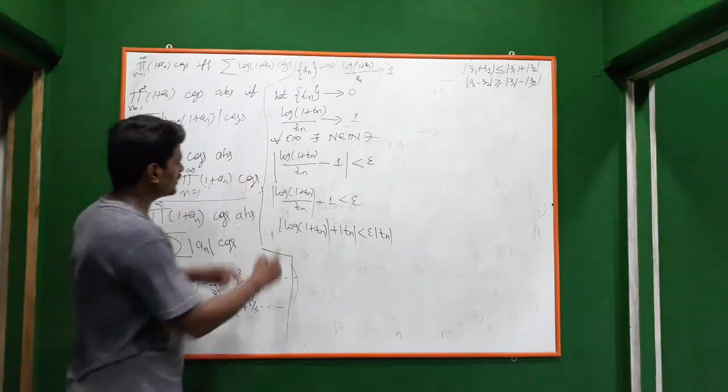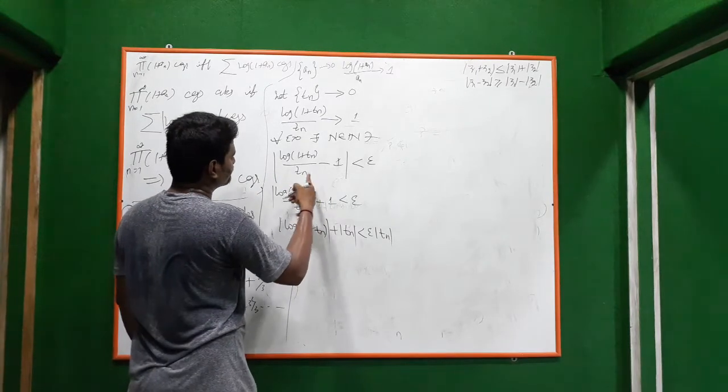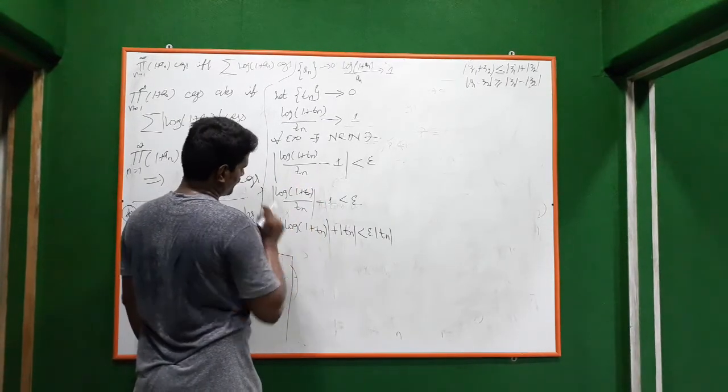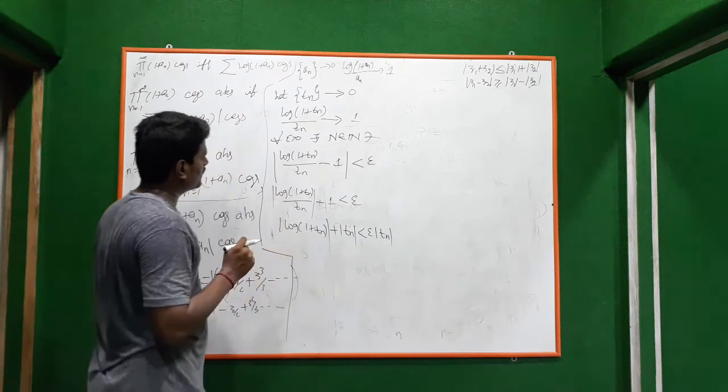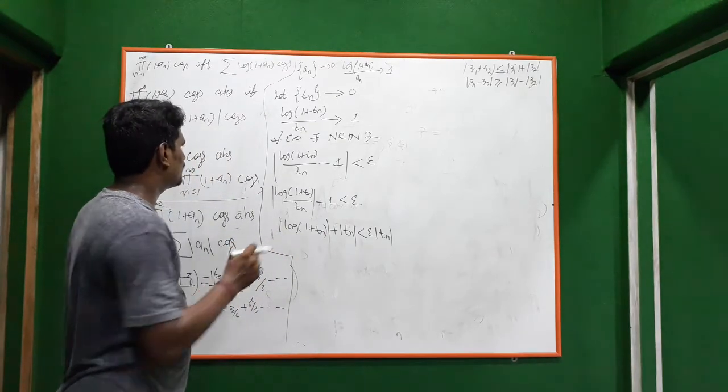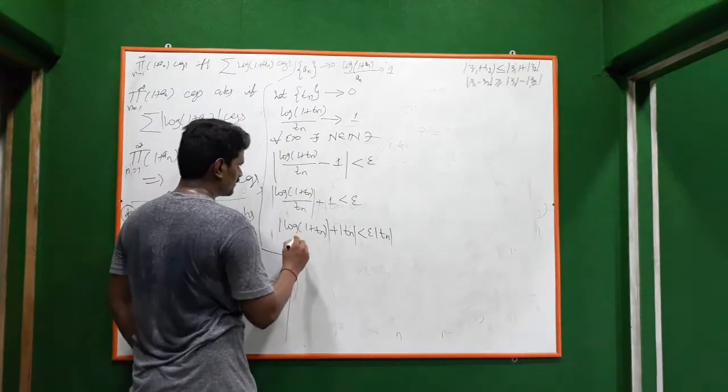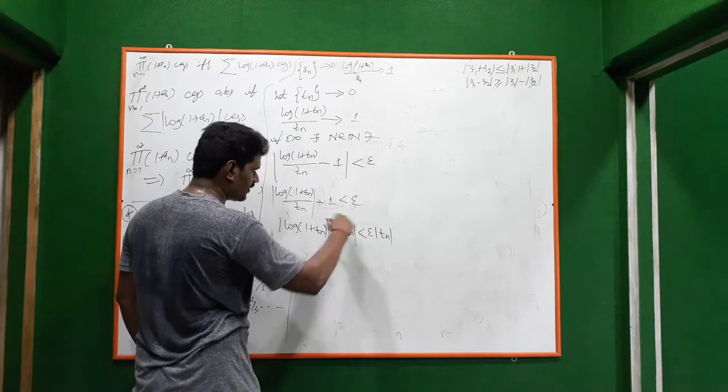So other way is what we will get. The other way is 1 minus of this.